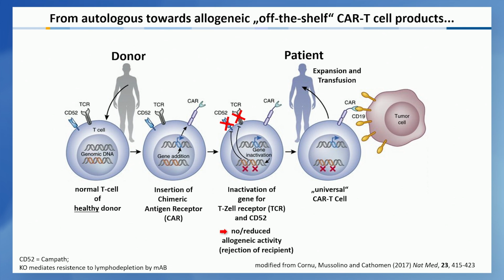So to focus the activity of the T cells so that it only recognizes one target, you would want to remove the endogenous T cell receptor, and you could, for example, remove a molecule which is necessary for allogeneic activity, called CD52 or cluster of differentiation 52, just as an example, to reduce or minimize the alloreactivity leading to rejection of the recipient.